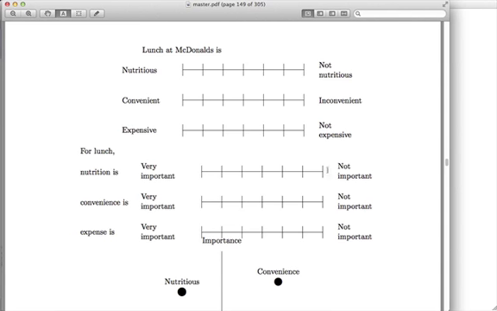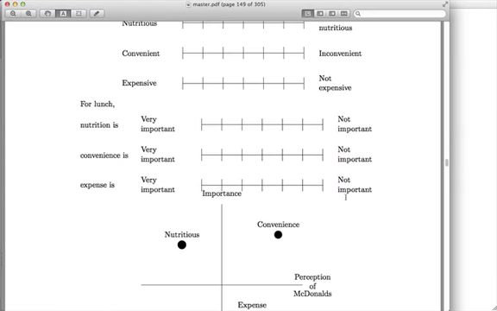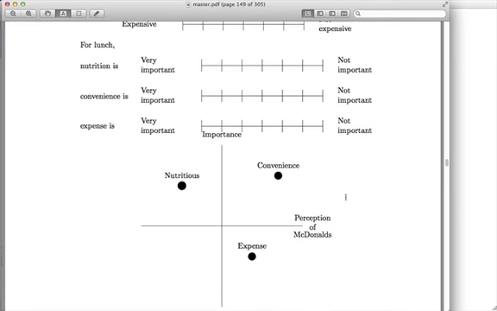So now we're going to anchor the scale with very important through very not important. If we were to ask this for a large sample of people, find the means for that segment, we can plot them in a little graph like this. So we have importance versus the perceptions or the beliefs about McDonald's.